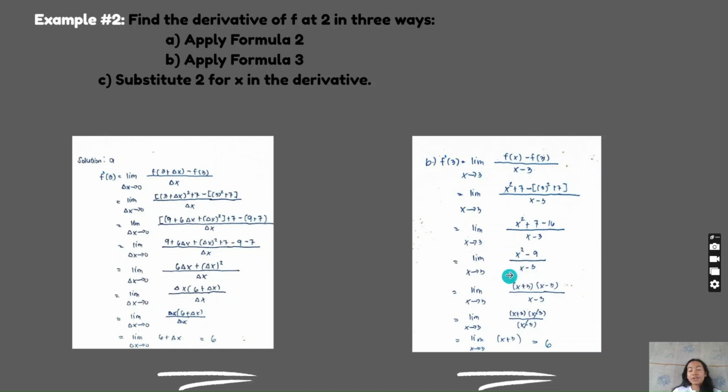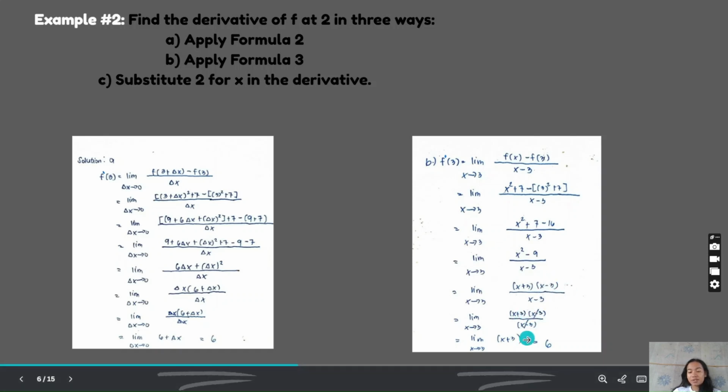So it becomes x squared minus 9 all over x minus 3. And then factoring x squared minus 9, since it can be factored, it gives us the quantity x plus 3 times the quantity x minus 3 all over x minus 3. So getting something to cancel, it would be x minus 3 over x minus 3. So that gives us x plus 3.